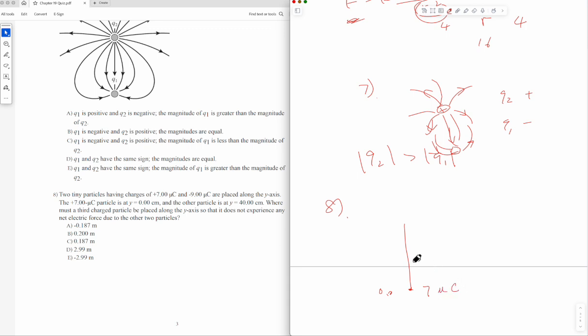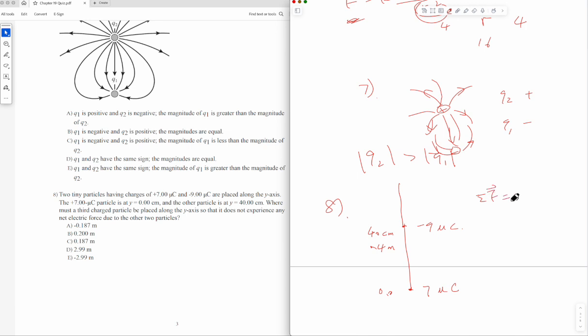The other charge, at 40 centimeters, basically 0.4 meter, has negative 9 microcoulomb. Where must a third particle be placed along the y-axis so that it does not experience any net electric force? Basically, where to put the third charge.